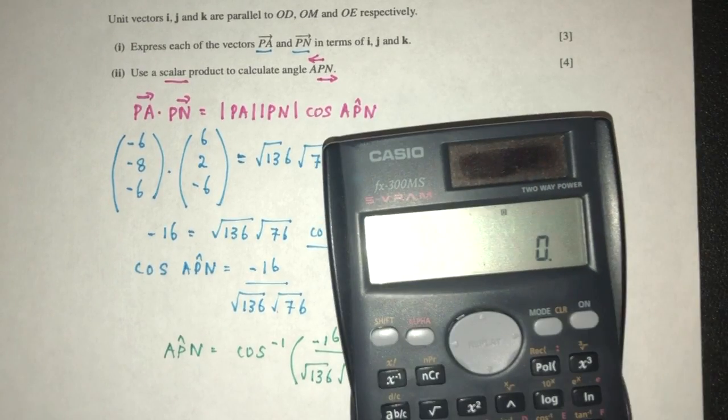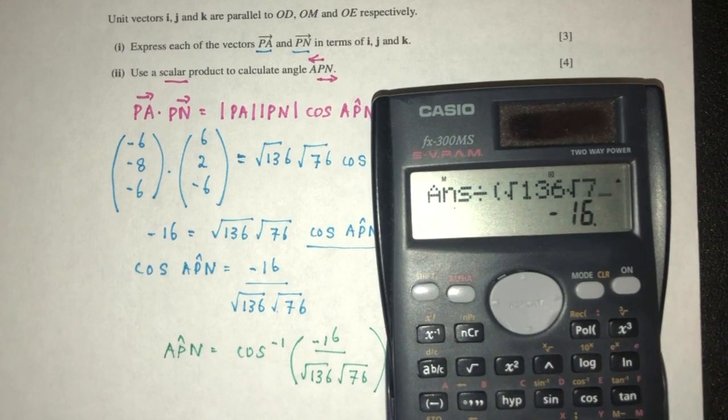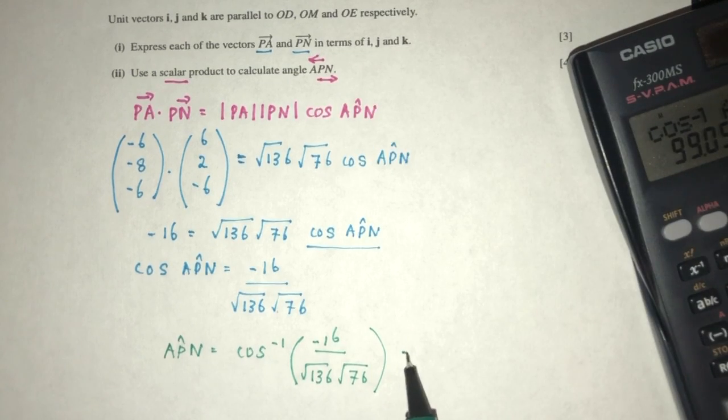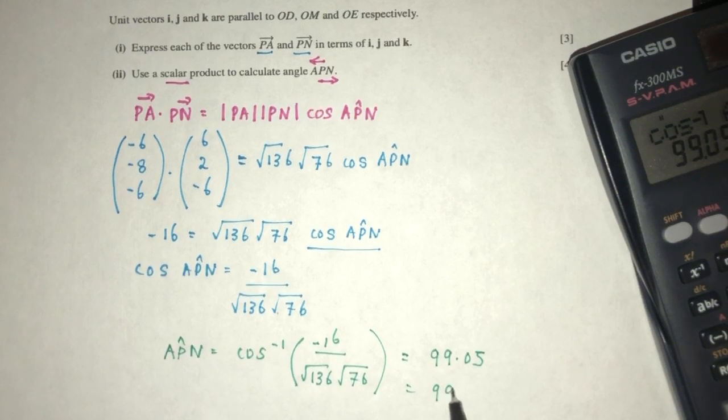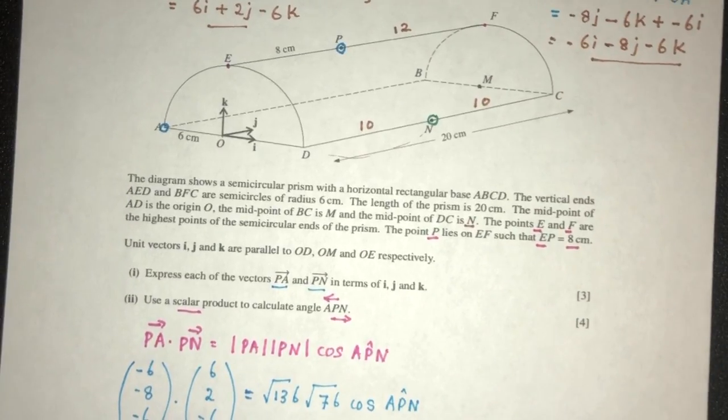So -16 divided by root of 136, root of 76, and then cos inverse of that will give you 99.05. Correct to one decimal place, that will be 99.1 degrees. And that will be your answer for part 2, finding the angle APN.